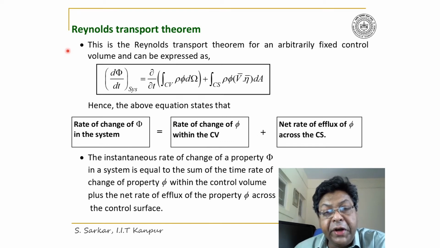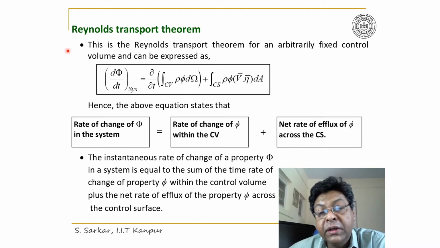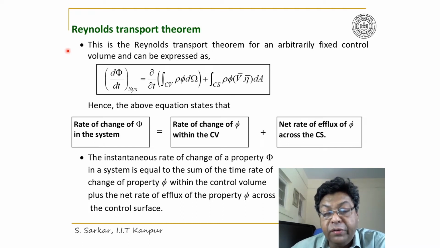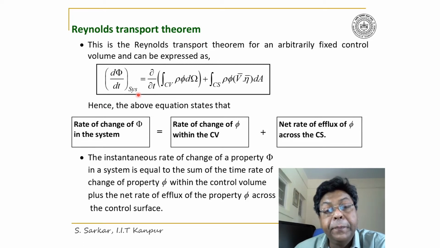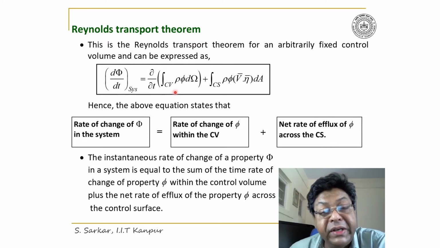Now, the Reynolds transport theorem applied to an arbitrary control volume can be expressed as d phi by dt for the system is equal to volume integral of phi plus surface integral of phi.